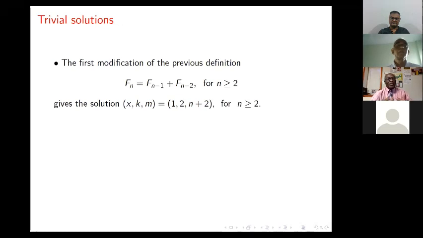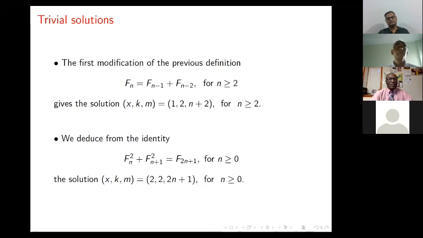Okay, how do we see the solutions? The first identity I looked at a few minutes ago, if we look at the equation, it gives us x equal to 1, because the exponent is 1 here. And we can see that the length here is 2. And then we have the index, it is n plus 2 for m. We look also at the second identity I gave you.